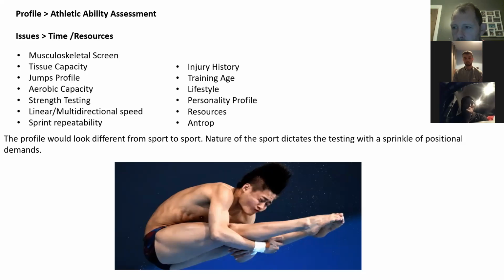And I will have a hierarchy of what's important based on that time of year. So if I know that they're coming into preseason in January, I want to make sure that I'm going to get the tissue capacity done in November so that they have 4 to 6 weeks of building capacity in their hamstrings, their Achilles, their calves, their hips, so that once they do hit the field, we can then push them without breaking them, right?